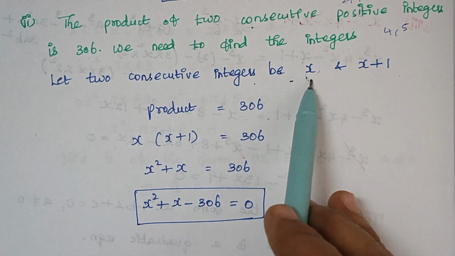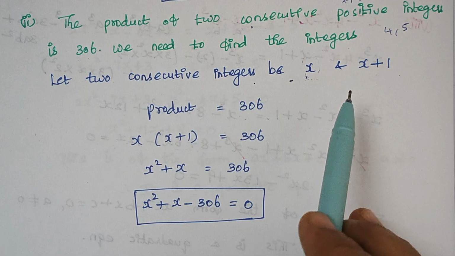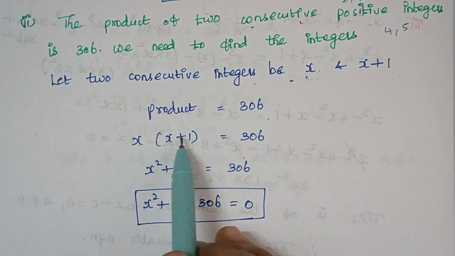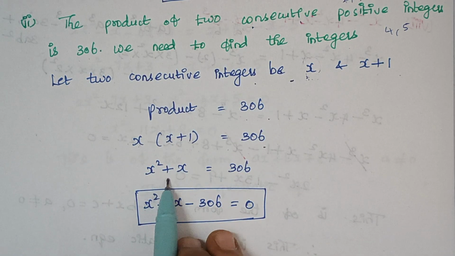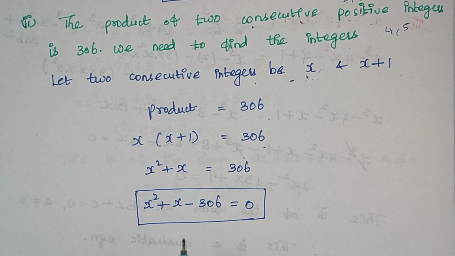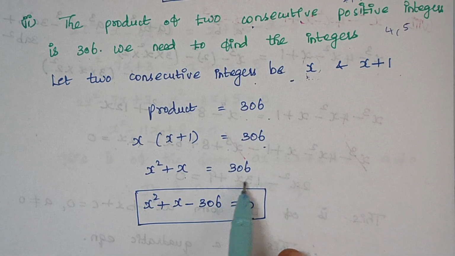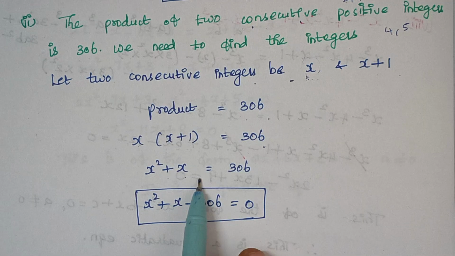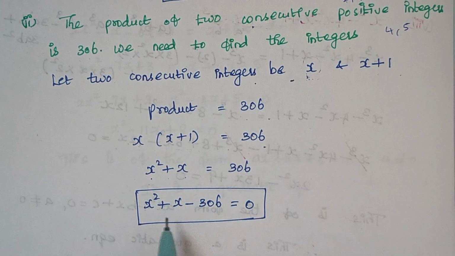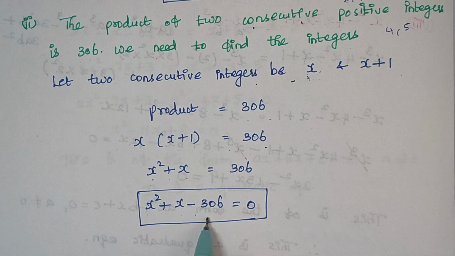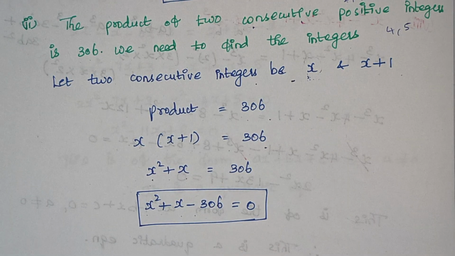So when you multiply these two numbers, the answer is 306. Therefore, x into x plus 1 is equal to 306. When you multiply, it becomes x square plus x. Again, we need to frame a quadratic equation. So I am moving this 306 to the left hand side because we need a positive x square. Therefore, x square plus x minus 306 is equal to 0, and this is the quadratic equation for the given statement.